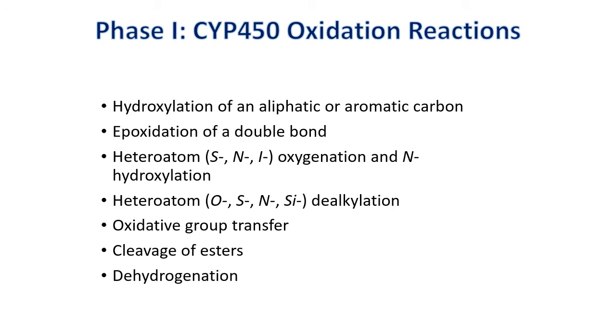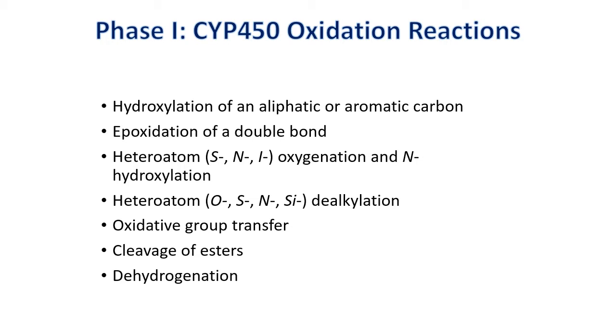Some of the major oxidation reactions, again, I'll just reiterate one more time, it's an oxidative enzyme system, so it doesn't do everything, right? It just mostly does oxidation. So hydroxylation of aliphatic or aromatic carbon, that's one reaction. Epoxidation of a double bond. You remember epoxide is a 3-membered ring.